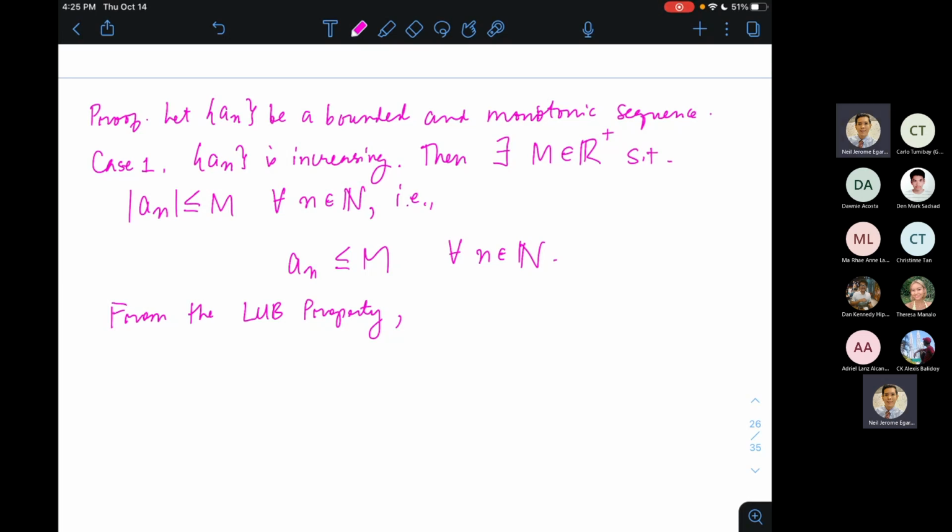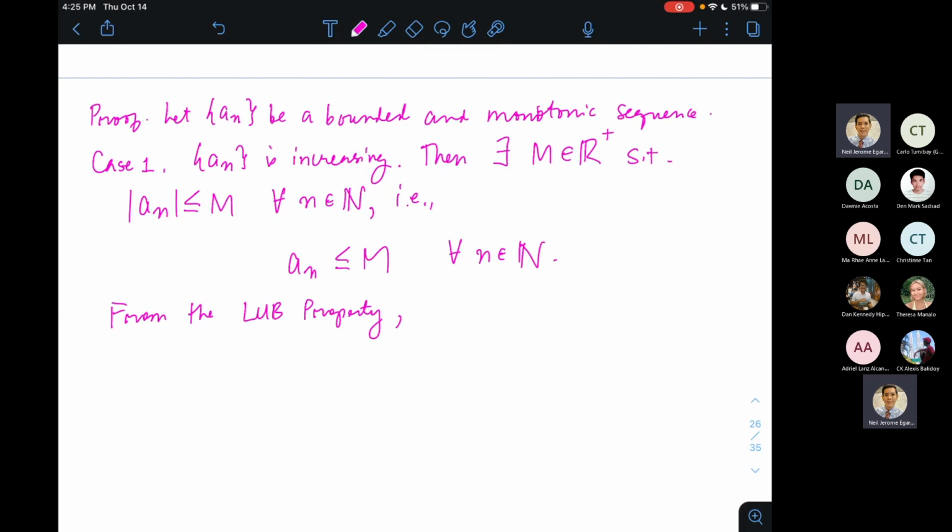Oh yes, Dan Kennedy. Hello po, sir. Reading po ako. Yes, go ahead. The LUB property says that for any non-empty set, if it has an upper bound, then a least upper bound exists. Okay, great. Thank you, Dan Kennedy.